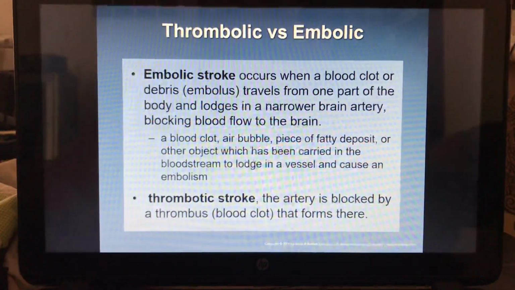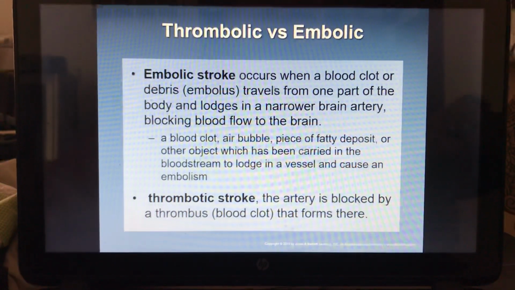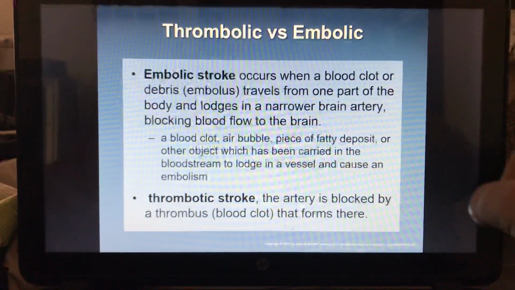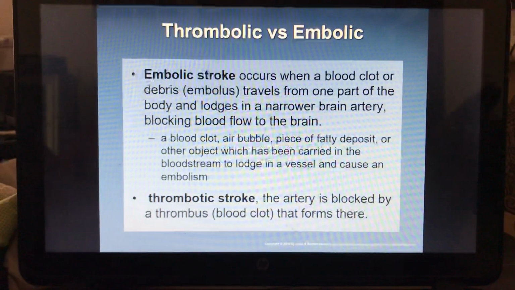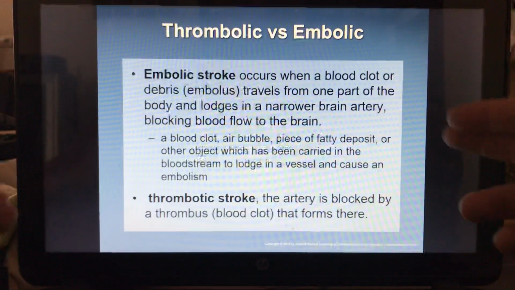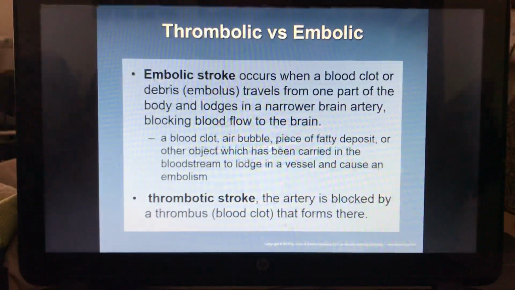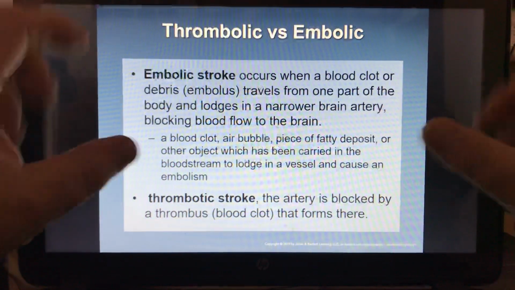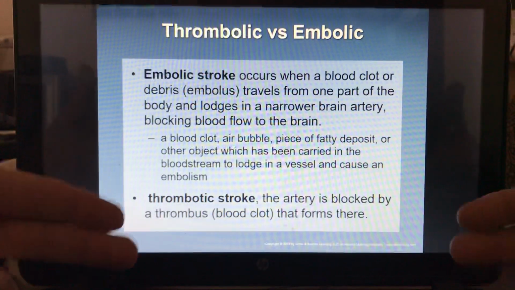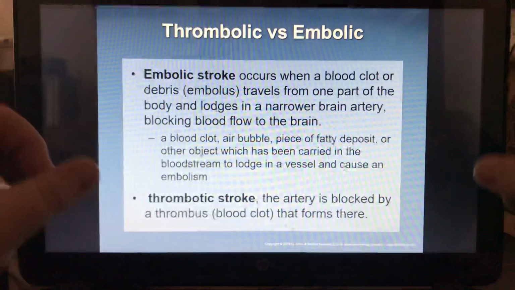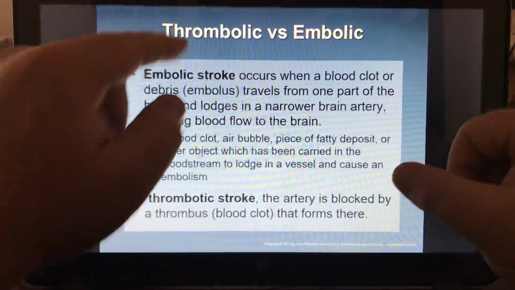You can also have something called an embolic stroke. It does not have to be a blood clot, although they define an embolic stroke to include a thrombus. So embolic stroke is kind of the big umbrella. A thrombotic stroke is basically just a clot that's formed by itself. An embolus can be debris.